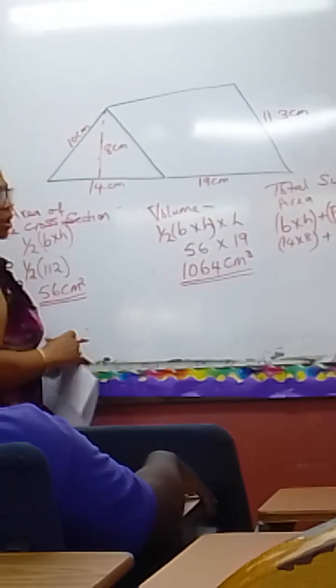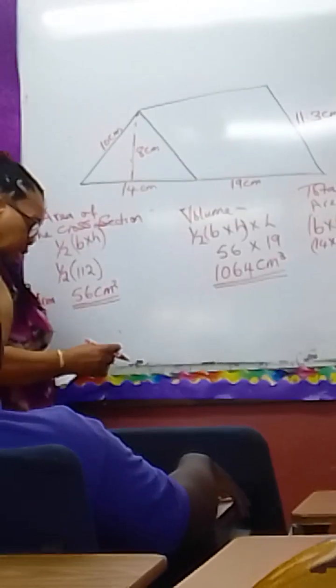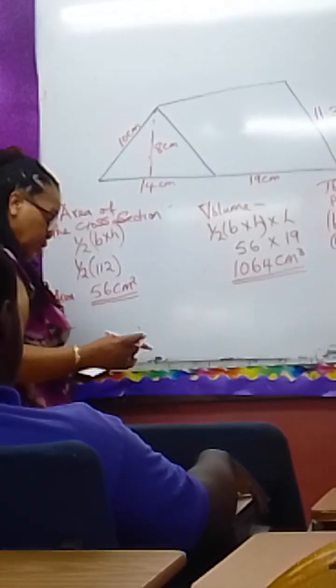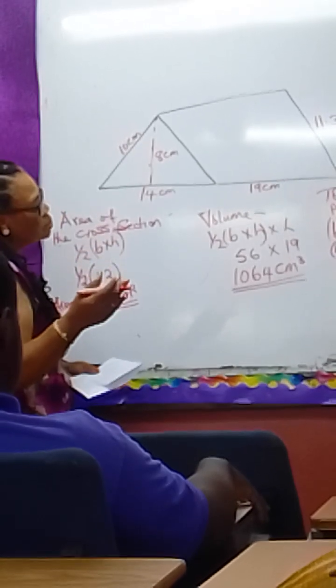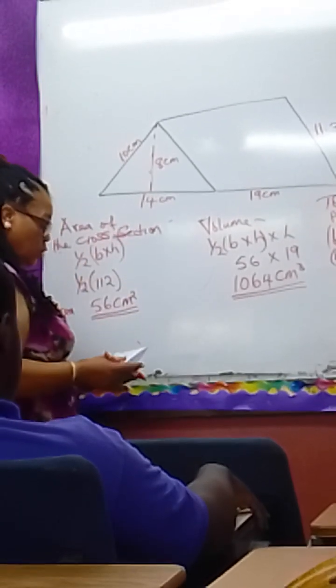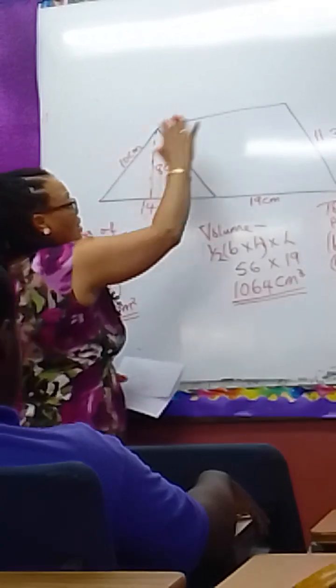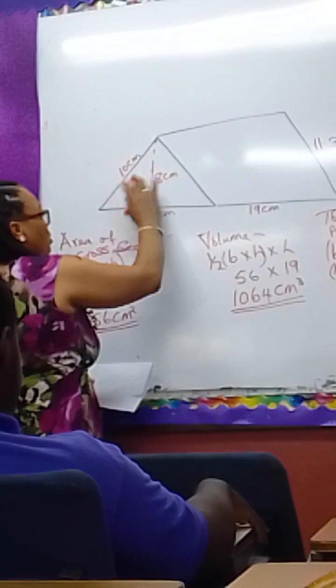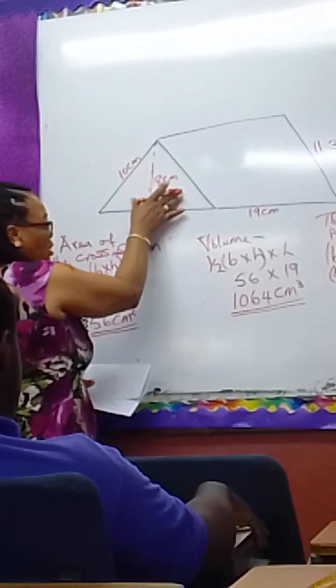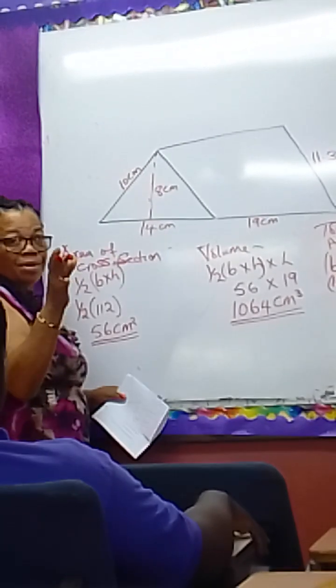Now, when we find the perimeter of ordinary shapes, what is perimeter? Perimeter is the distance around. So I have to go find the distance around the shape. In this case, we're finding the distance around this triangular part. That's the perimeter that we're finding.